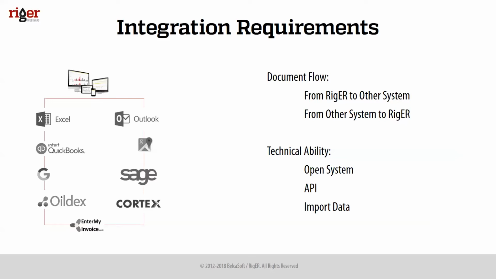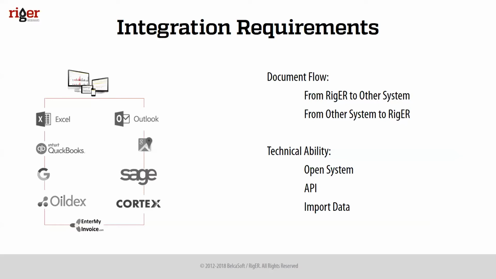Of course, we explore the technical ability of the system. So whether the system is open or closed, whether they have an API and the ability to import data, because sometimes some of the systems say, yeah, we have an open API. However, the API can be limited to particular fields, and we couldn't transfer specific information from RigER.